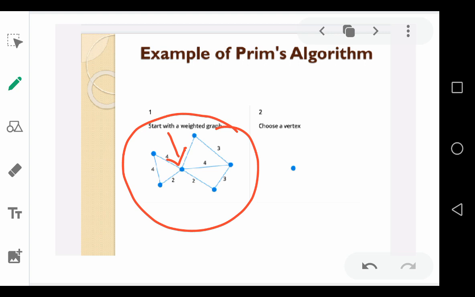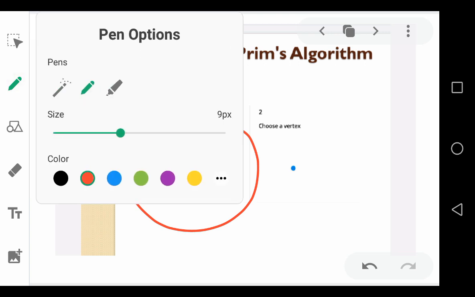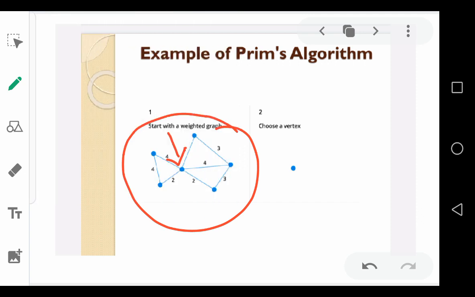Here we have to consider all the vertices first. We have to select an edge with the minimum weight. So my next step is to select the edge with the minimum weight. I am starting from this point and choosing the edge with the minimum weight.